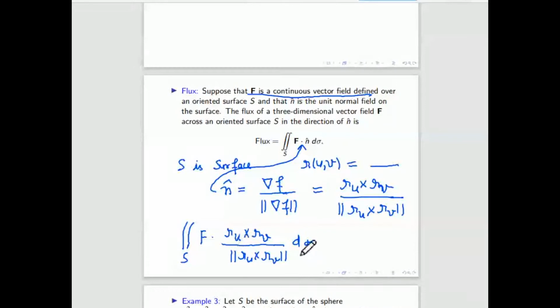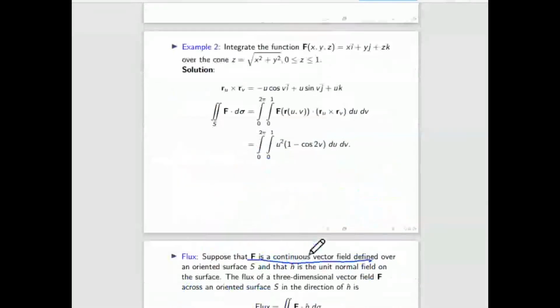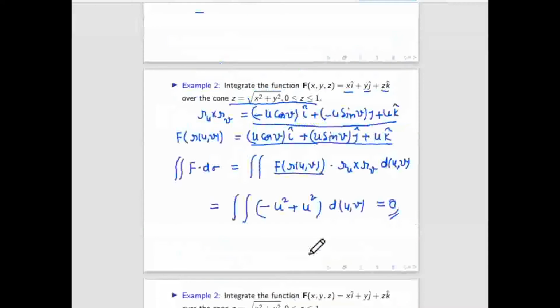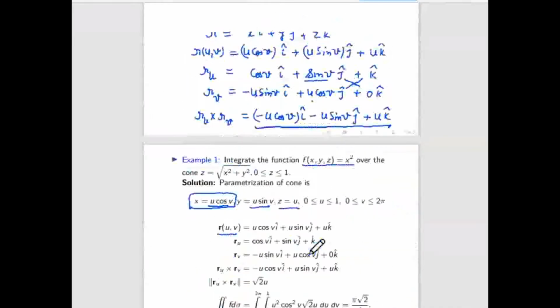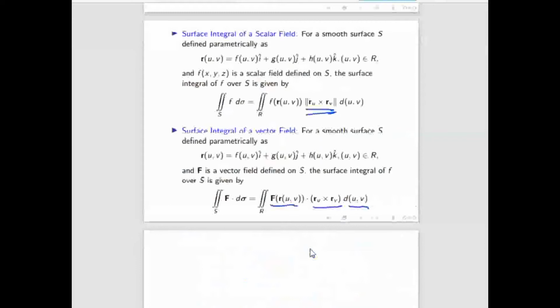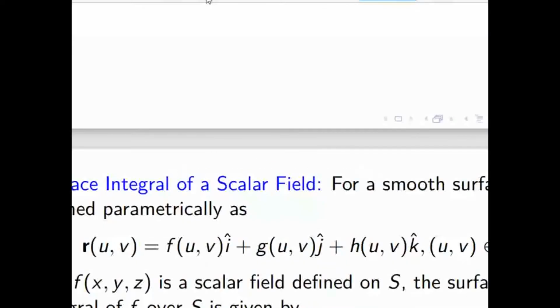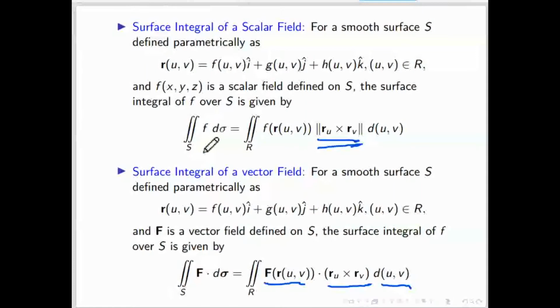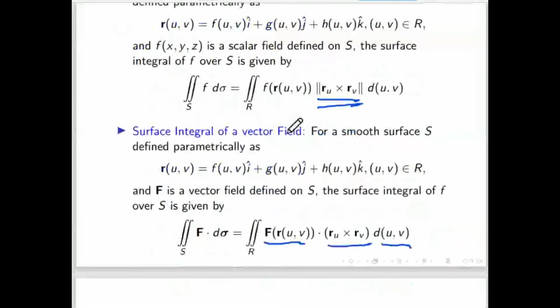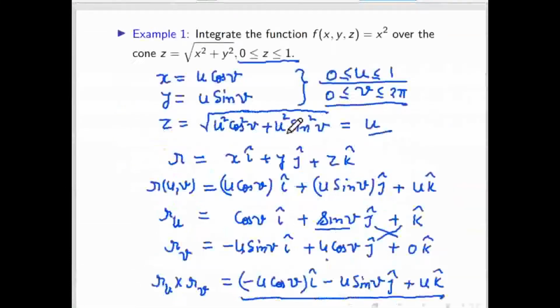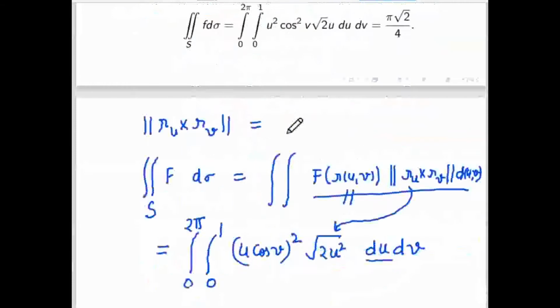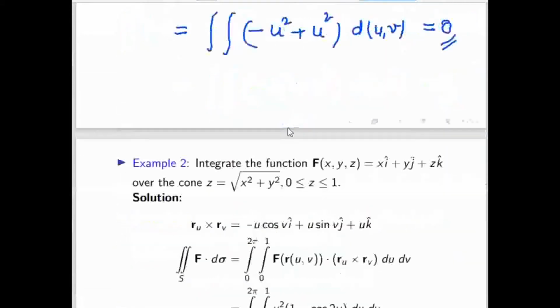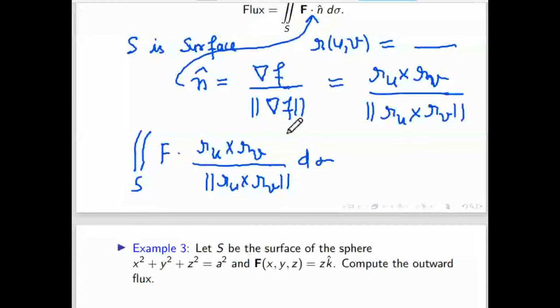Once it becomes a scalar times d sigma, what is the surface integral formula for a scalar? I will go back to the surface integral formula. For a scalar f, the surface integral is the integral of f at r(u, v), times the norm of Ru cross Rv, du dv. Because this whole quantity is a scalar, I am calling it small f.